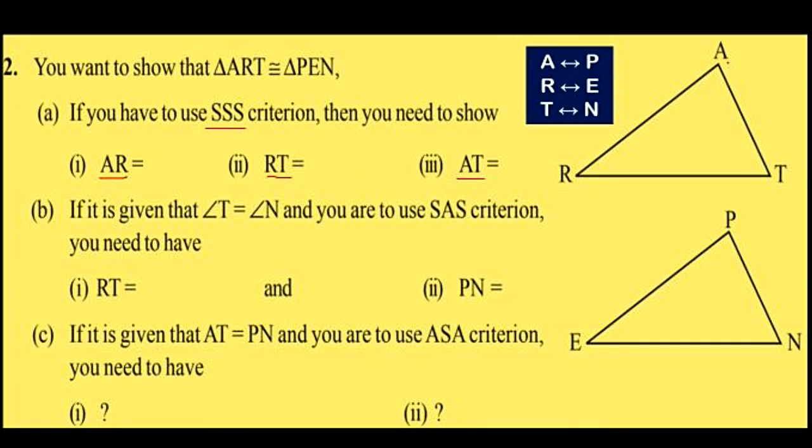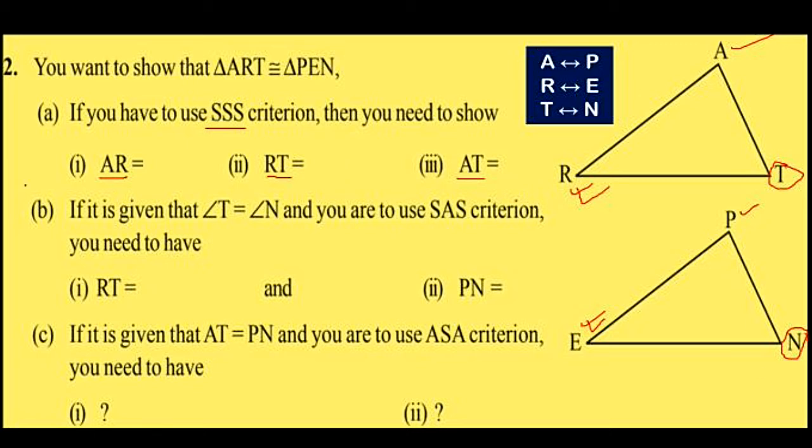So in triangle ART, vertex A is congruent to vertex P, vertex R is congruent to vertex E. Let me put a double tick mark. Vertex T is corresponding to vertex N. Now I have shown the corresponding vertex here.